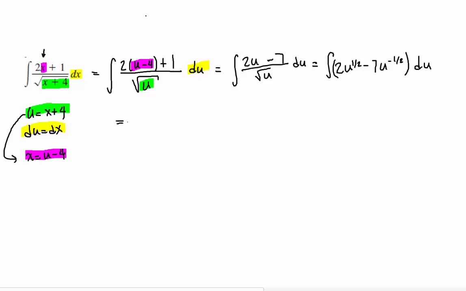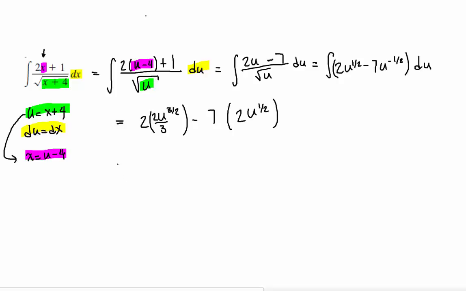So now I can just take my antiderivative, so copy the 2, u to the 1/2 plus 1, so 3/2, and then over 3/2 or multiply times the reciprocal is going to be kind of tight here, but I can still fit it. And then minus 7, add 1, so becomes u to the 1/2. I should copy it. And then divided by 1/2, which is the same thing as multiplying times 2.